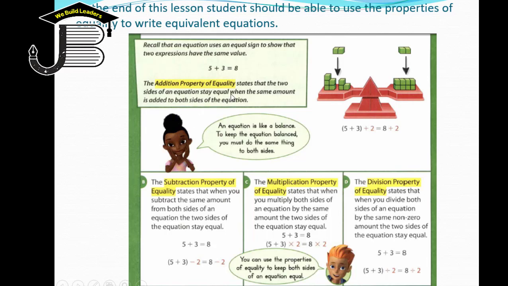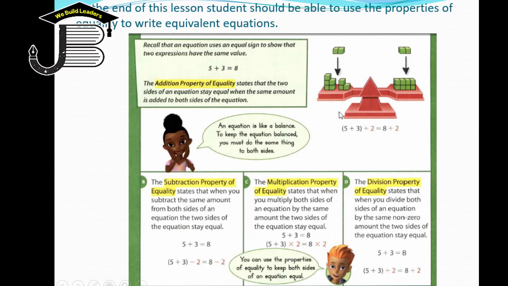The same can be applied to the subtraction property of equality. If we subtract the same number from both sides, it's correct, and the same for multiplication and division.